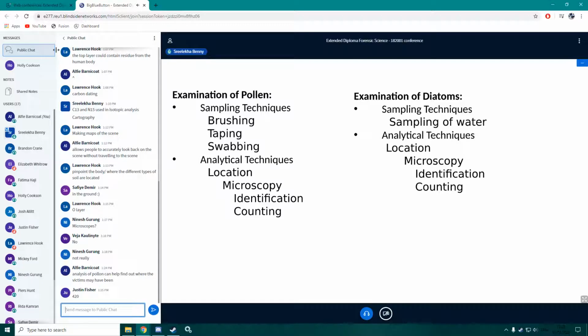So my question, I'm going to write it down here. What are the instrumental techniques used in the analytical study of soil and diatoms?